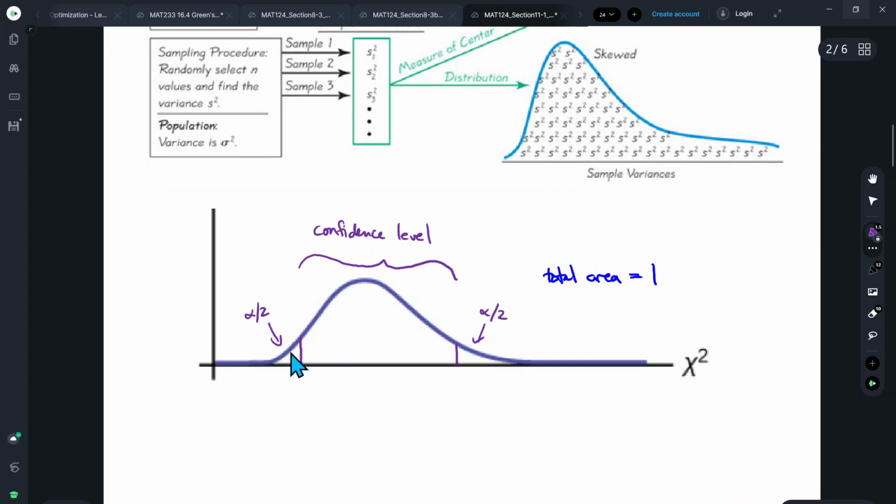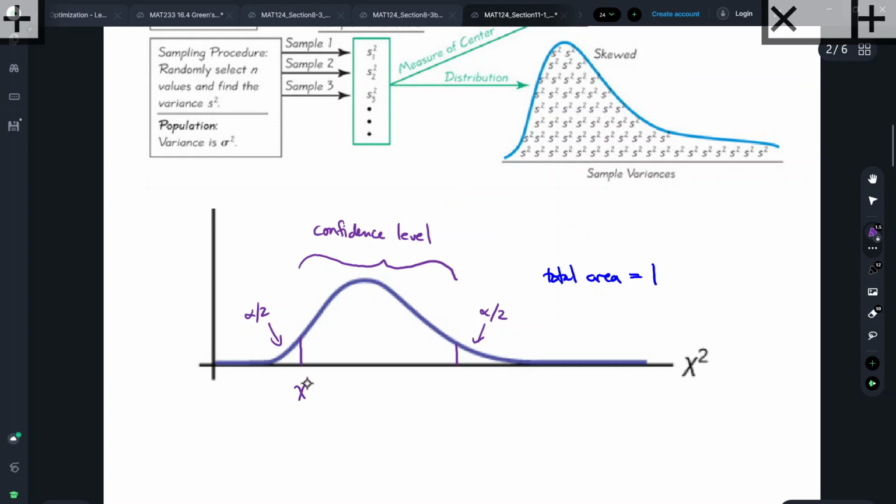So the area here is called alpha over 2, the area here is called alpha over 2, and the middle area is called the confidence level. What we're actually interested in is the chi-square value. The values that occur here and here are what's called the critical values. Because this is not a symmetric graph, we have to separate the left and the right value.